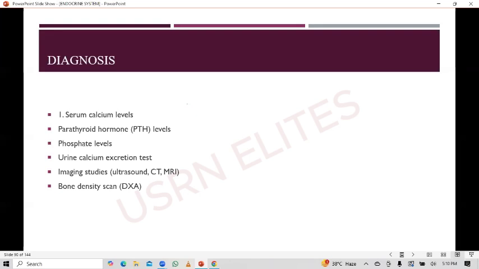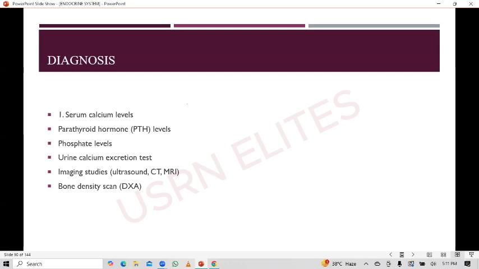Then we can also draw blood to check the levels of the parathyroid hormone, right? Maybe you can write down the normal value for parathyroid hormone, but I doubt it will be asked on the exam anyway. No, it's 10 rather.